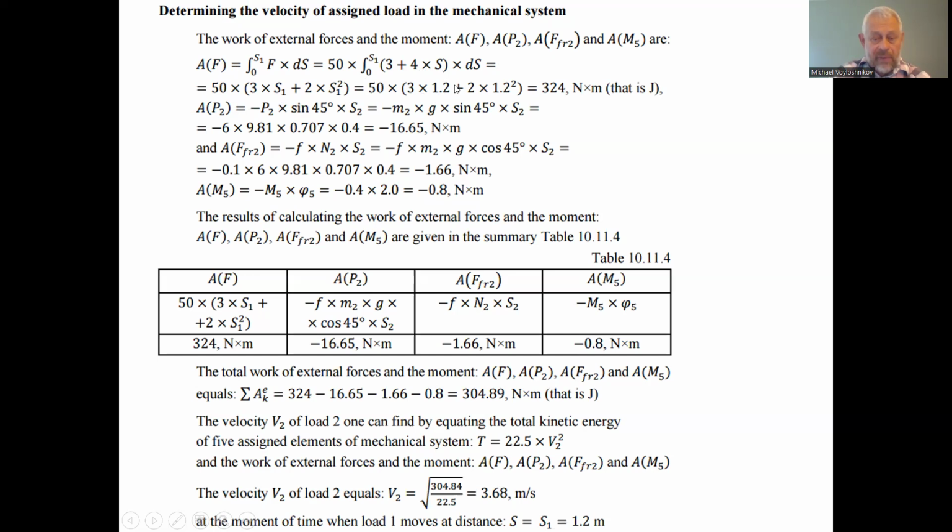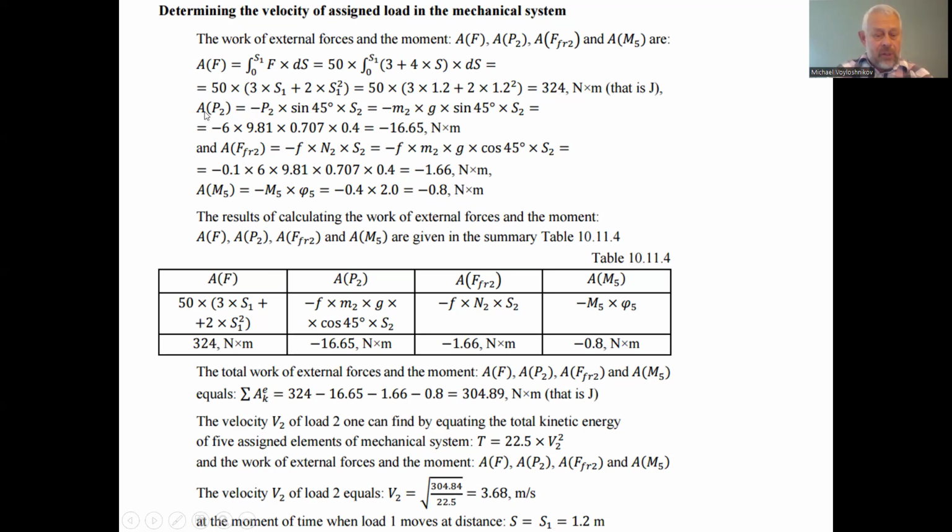After disclosure, we have squared in the bracket, second sum, etc. In the first, we have just the displacement 1.2 meters. And it is equal to 324 Newton by meter. Newton by meter, that is joule. Joule, units of the work, units of the energy in the international system of units.